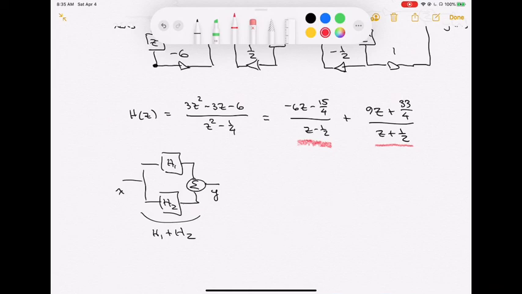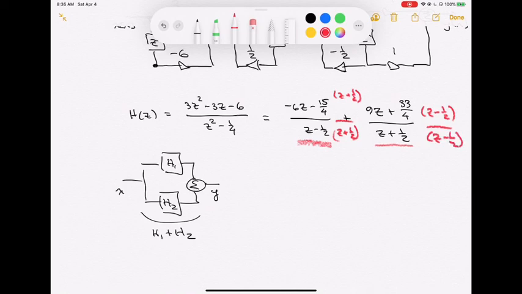Well, let's just take part of that. If I take this first term and multiply it by z plus 1/2 over z plus 1/2, I'm not too worried about the denominator. I would end up getting a minus 6z squared. Those are the only z squared terms. Same thing over here if I multiplied by z minus 1/2 over z minus 1/2.